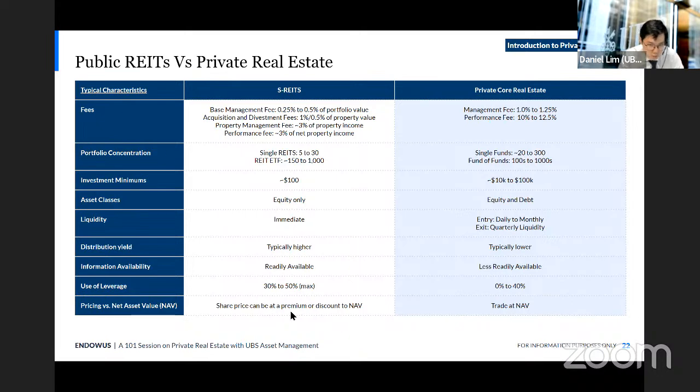And some of the large groups which conduct these kind of appraisals would be your CBRE, JLL, and Colliers, for example. And so private core funds always trade based on those valuations by those independent appraisers. REITs, on the other hand, while they do have external appraisers, which value their assets at least 1 to 2 times a year, we don't necessarily see that the share price matches those valuations done by those independent appraisers.